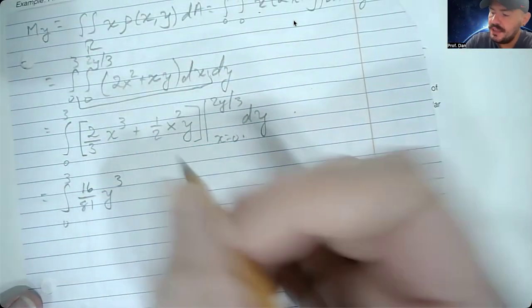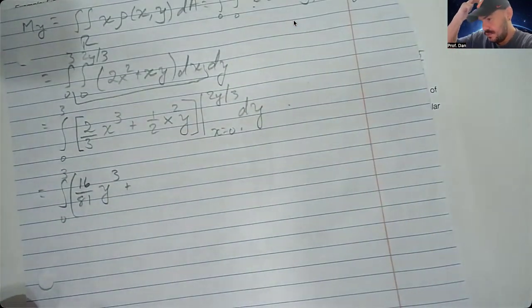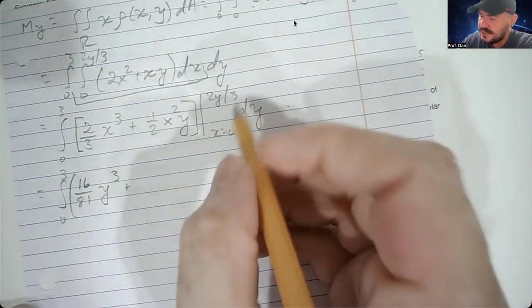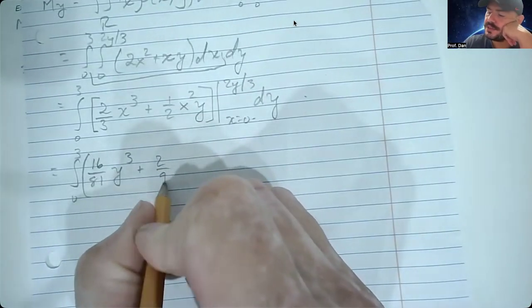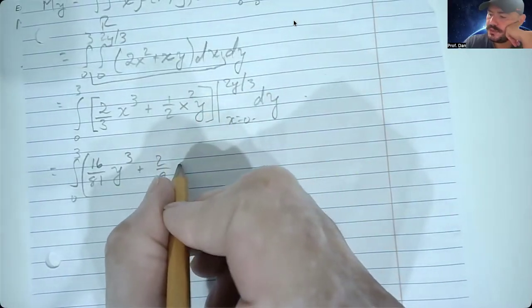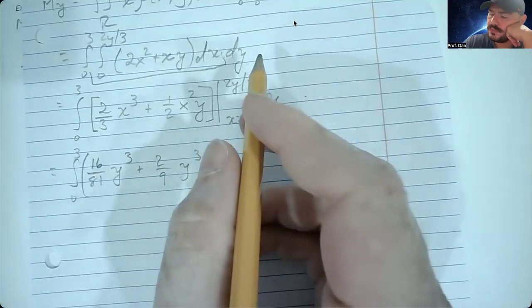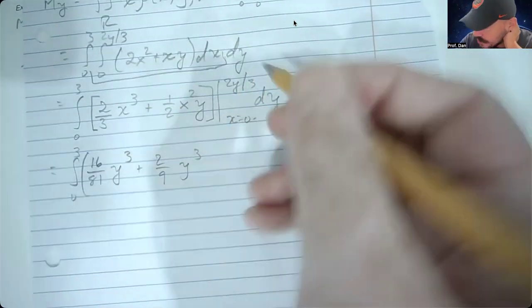And for the second term, we're going to get 4/9, 2/9 y cubed. Yep, that's right.